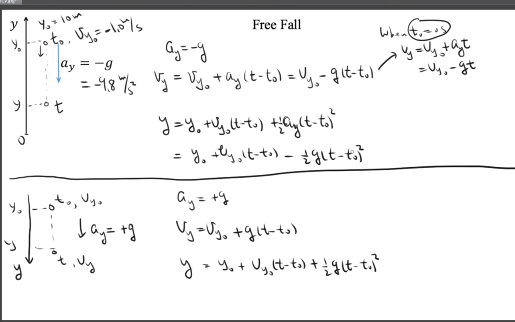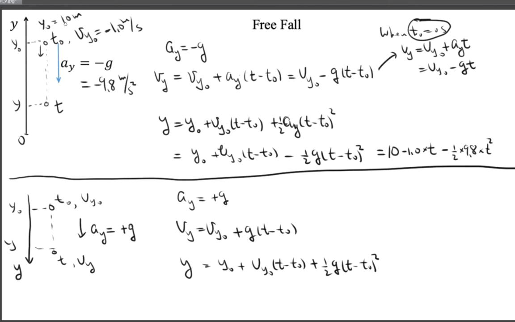Substituting in this expression, and taking t0 equals 0 seconds, I get 10 meters, minus 1 meter per second times t, minus 1/2 times 9.8 times t squared.